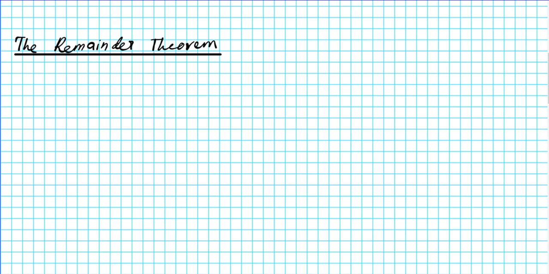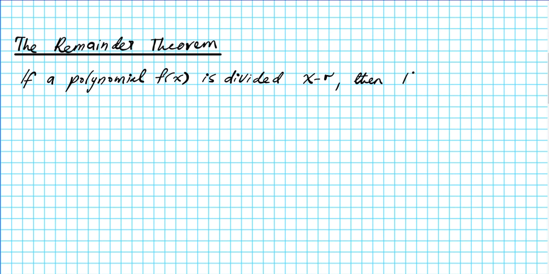If a polynomial, let's say the polynomial is f of x, if that polynomial f of x is divided by a binomial x minus r, then the remainder, let's call the remainder uppercase R, is f of r.